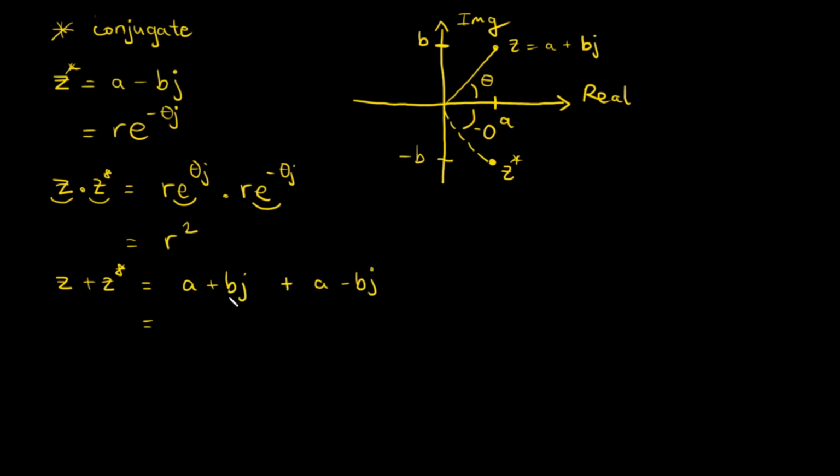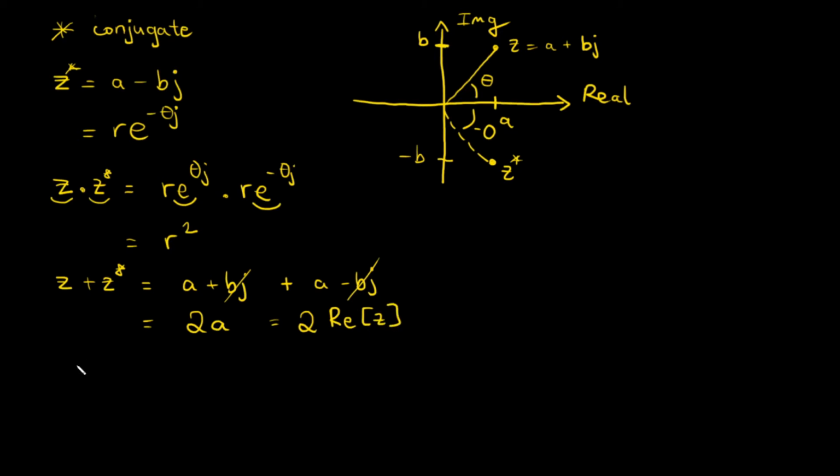Let's clean it up. You cancel these because this is positive and this is negative, so they are 0. And a plus a is 2a. Since a is your real part, you can say that it's 2 times the real part of your complex number.